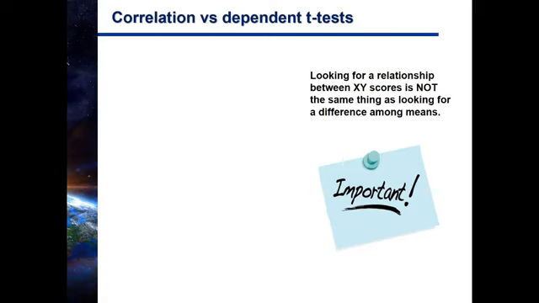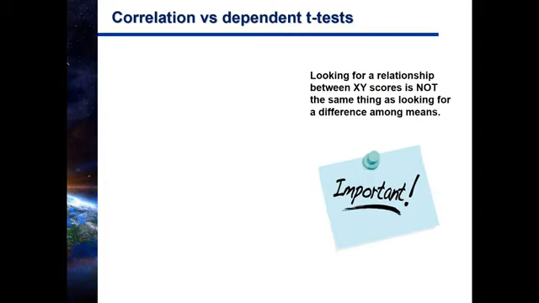And so that is one reason why you might confuse correlation with dependent t-test. And in fact, I believe I told you when you're doing that dependent t-test, ignore that box. That's not what we're interested in. When we run that dependent t-test, we want to know if the two means are different.